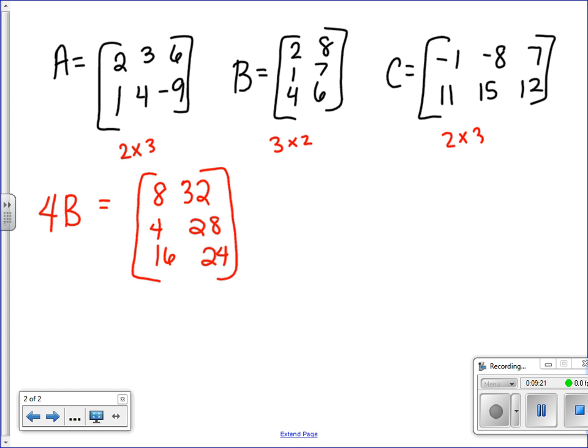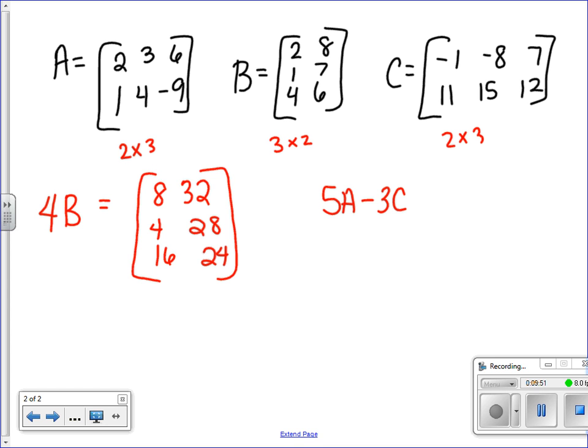And as far as the order of operations, if you have 5A minus 3C, you would multiply 5 times everything inside of A, 3 times everything inside of C, and then subtract the two. You have to follow order of operations. It's time consuming, but it's not difficult because it's just a bunch of one-step things.